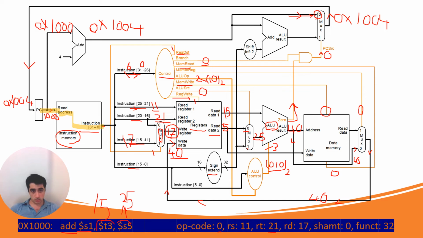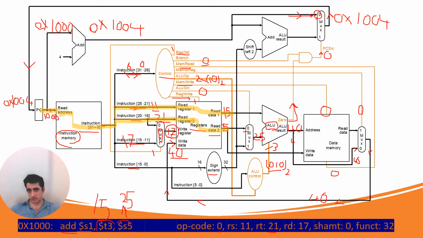As you see, it goes to the wire that you see here, and it gets into this line to basically find out the value of RS. Then it goes to this line to find the value of RT. Then it goes to the register file.